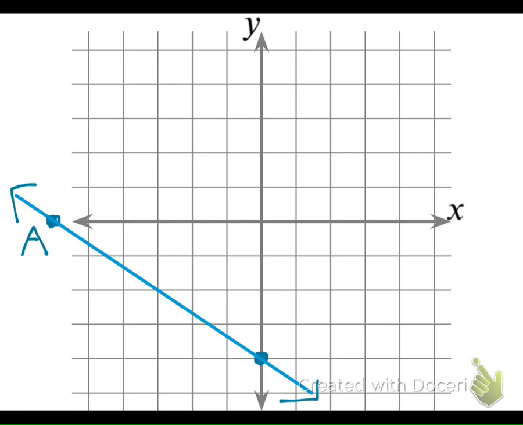Okay. And Eliza, can you tell me the next ordered pair for line B? 0, 2.5. Okay, so we're going to go up 2.5, right? So I'm going to plot in between 2 and 3. Does that make sense?